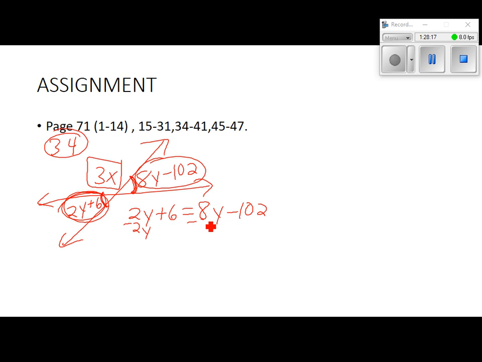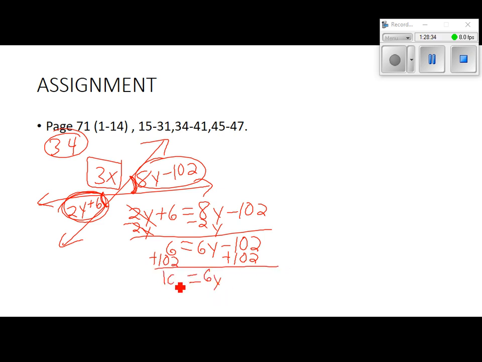Subtract 2y on both sides. These cancel out. You're left with 6 equals 6y minus 102. Add 102 to both sides. 6y equals 108. Divide both sides by 6.